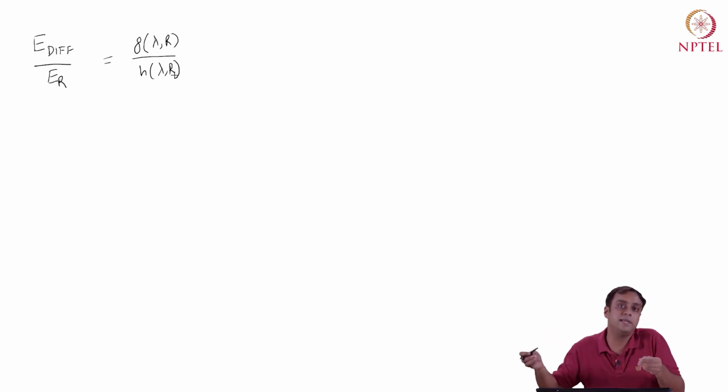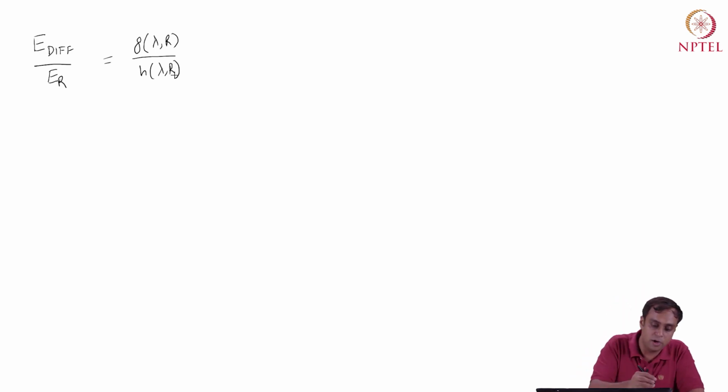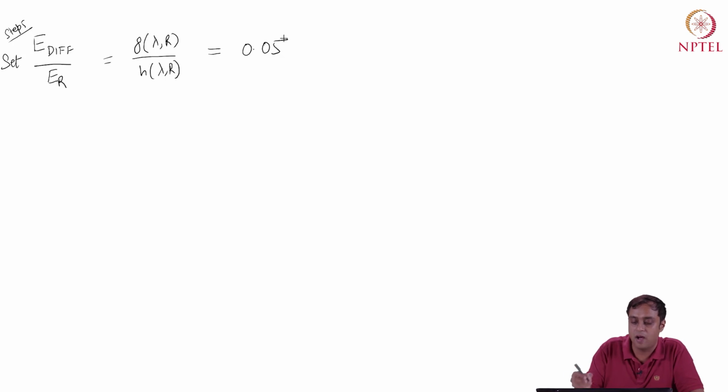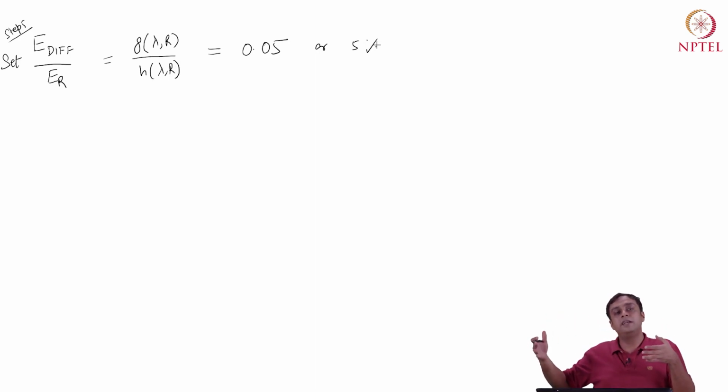So if we expand the city, how much closer am I going to get to an infinitely large city as well? So I'm going to call this step 5, and in this step 5, I'm going to set this ratio equals 0.05 or 5%. So this allows for the difference between the infinitely large city and the finite city to be only 5%.